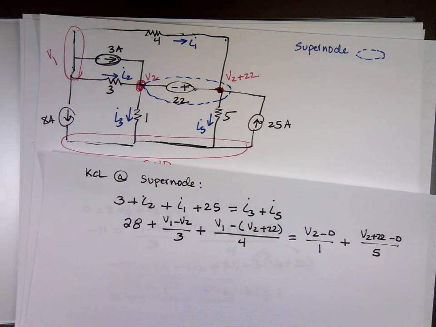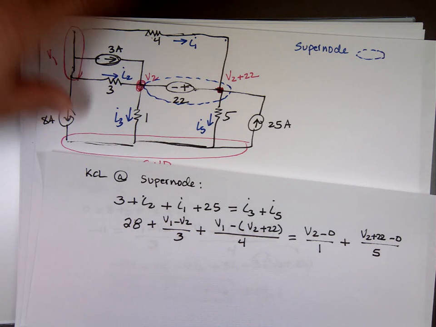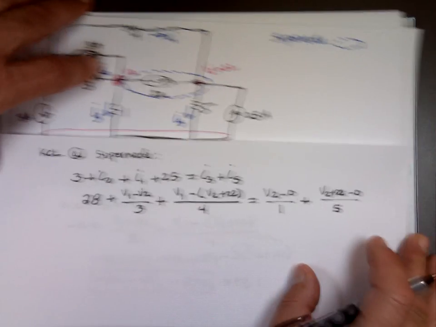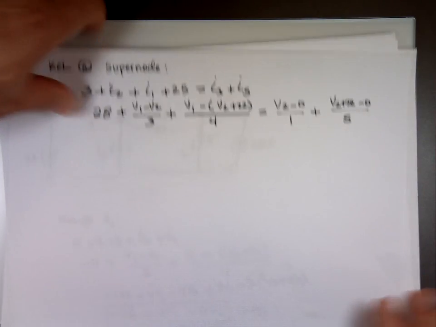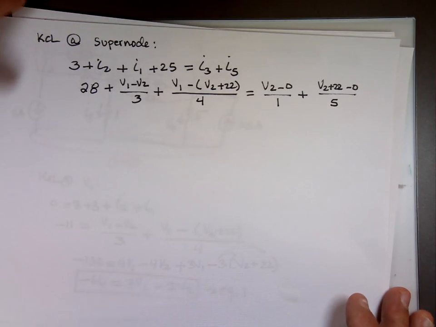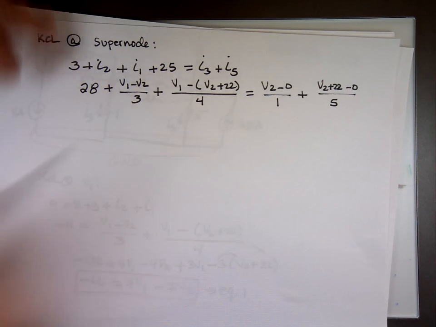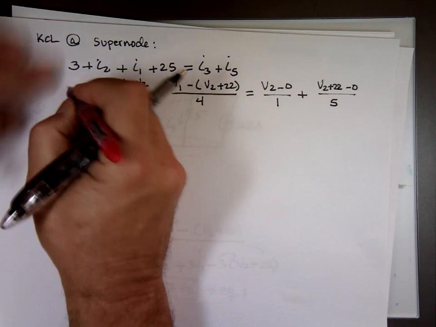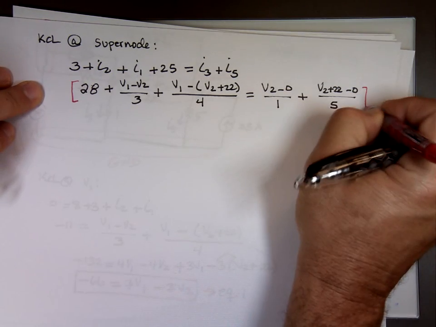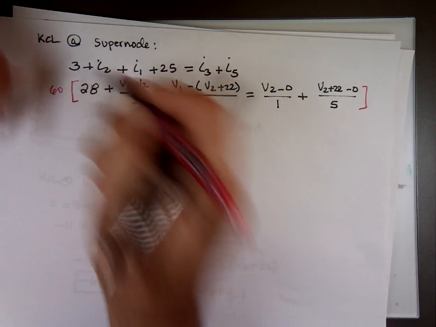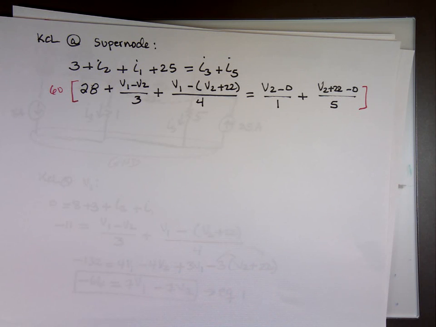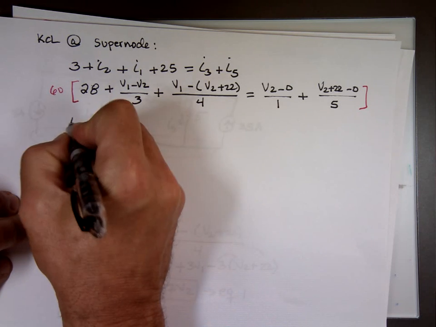We definitely need a calculator here. LCD, 60 is it? I think it's 60. Sixty times 28, 1680. Plus what?